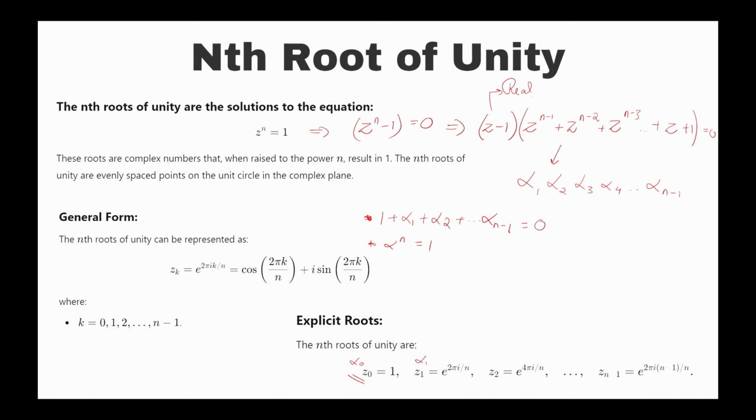My alpha 1 would be e to the power 2 pi i by n. z2 would be e to the power 4 pi i by n, and this would go on up till the last root, which would become e to the power 2 pi i (n minus 1) by n. So these are certain things about nth roots that you must remember. Even if you do not remember, the concepts that are going to be used are the same as what we studied in cube roots. So you can take help from there and use them here.